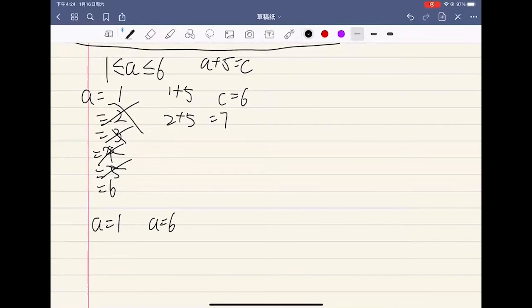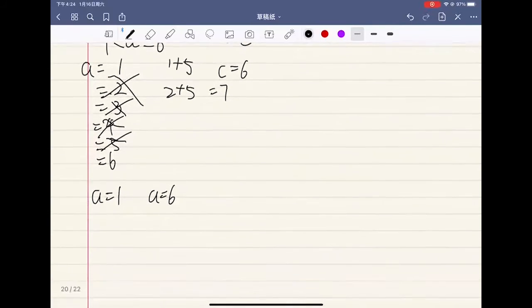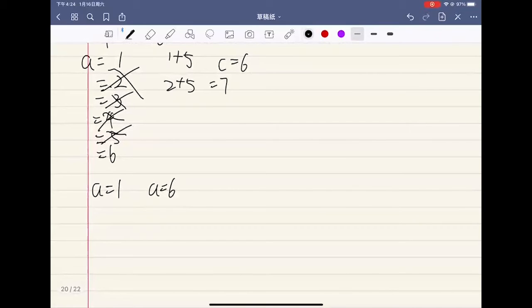So it is easy now. Sorry, before I say that, when A equals 1, 1 plus 5, C equals 6. When A equals 6, C equals 6 plus 5, 11, and the last digit equals 1.